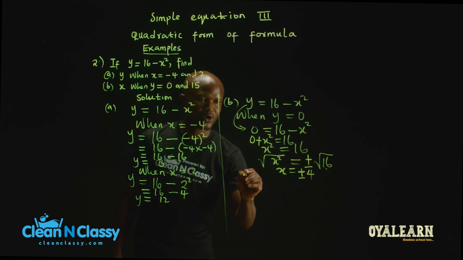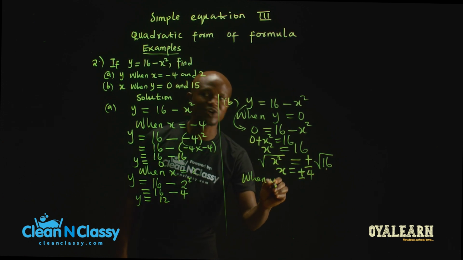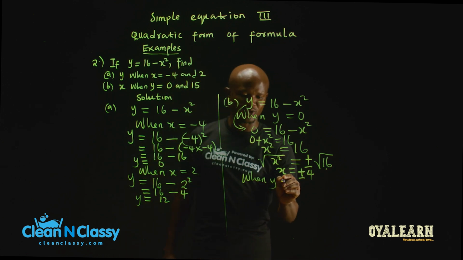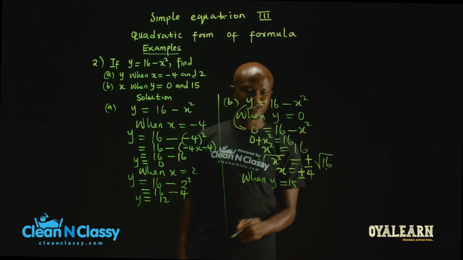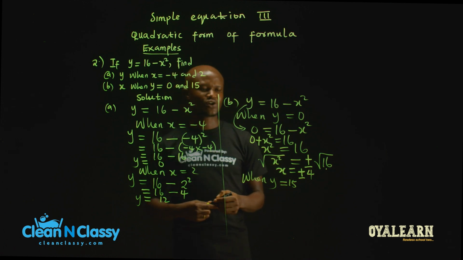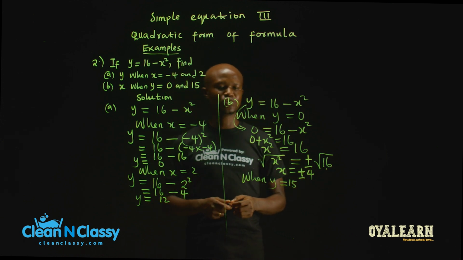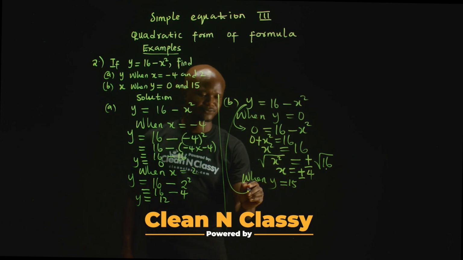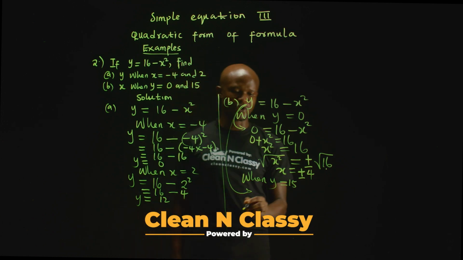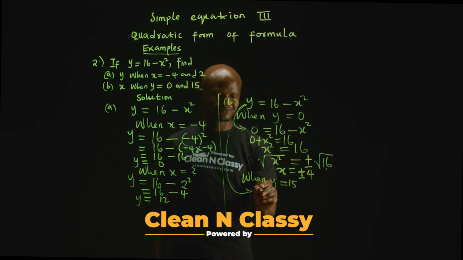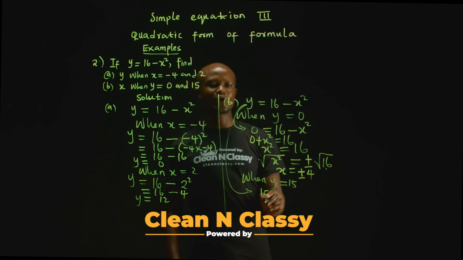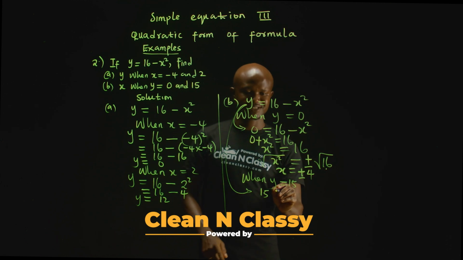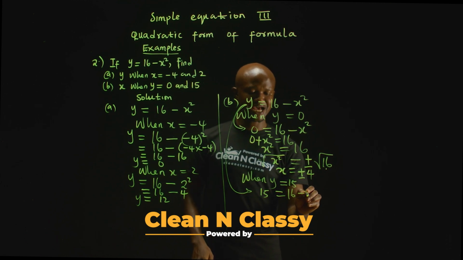Now, the second one, when y equals 15. If y equals 15, what will be the value of x? We still go back to the formula. Anywhere we see y, we put 15. So we have 15 equals 16 minus x squared.